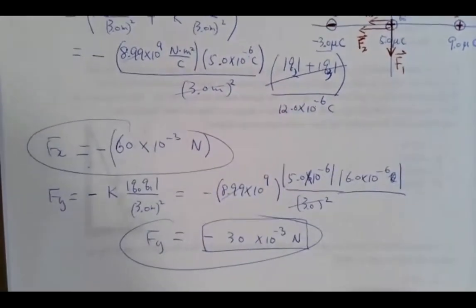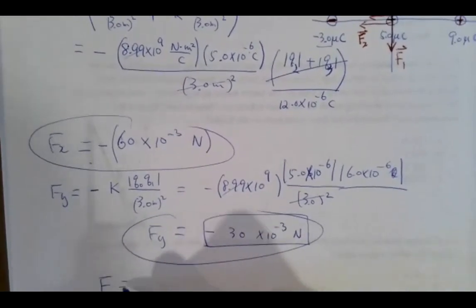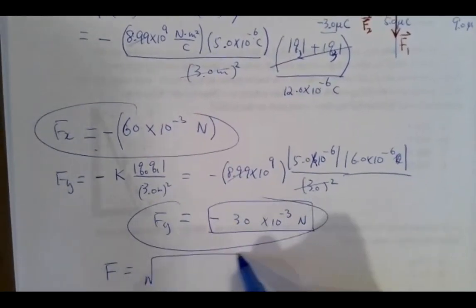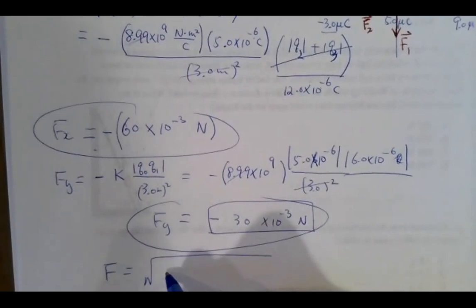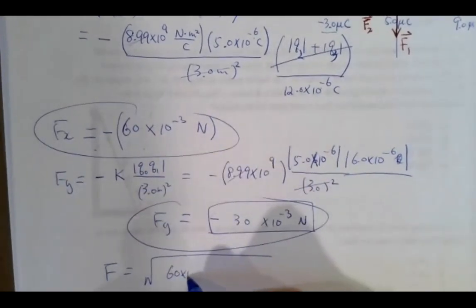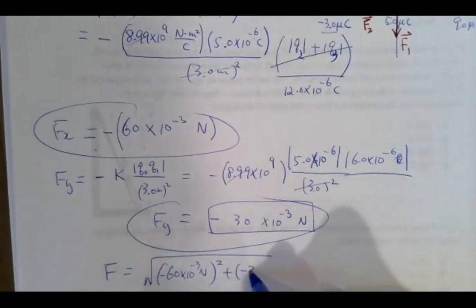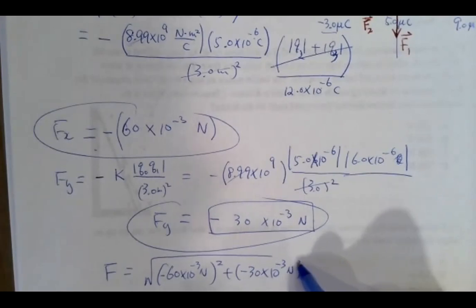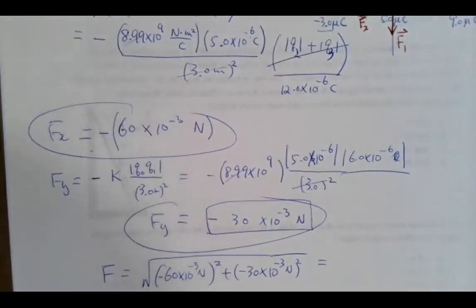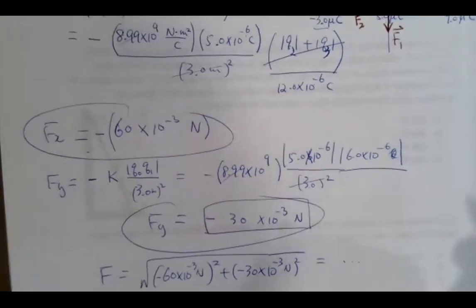So you know those two components, then the magnitude will be square root of the x component square, so that guy square, 60 times 10 to the minus 3 squared, plus 30 times 10 to the minus 3 squared. Because my x wasn't right, my number is not right, but you guys can calculate this.